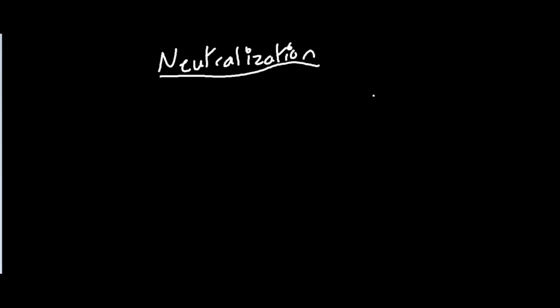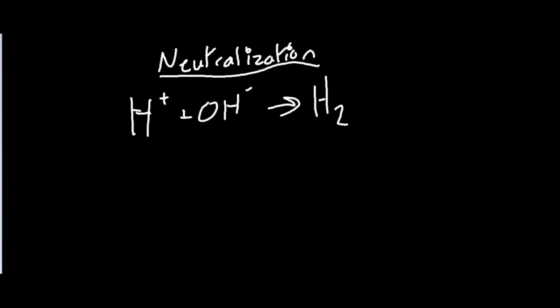All bases and all acids, or all Lewis and Bronsted acid-bases, the most simple version of them, involve an H+ ion reacting with an OH- ion. And if you add them together, you can see that this will form water. And water shows practically no acidic or basic character, besides sometimes when it ionizes itself, which is very rare. Although it does do that a little bit, but we'll get into that later.